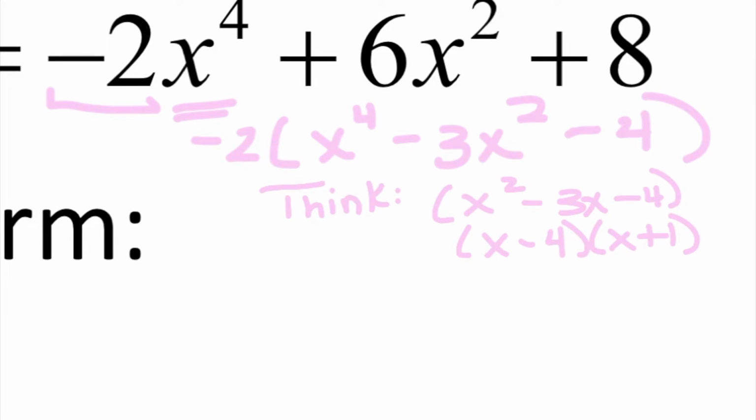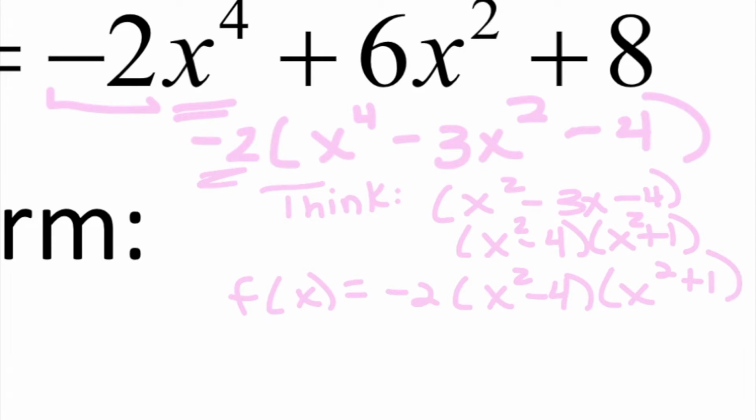So I guess I'm going to walk this whole thing through with you. So you're going to end up with f of x equals, and then it's the -2 here, so -2, and then make each of these squared. So x squared minus 4 times x squared plus 1. But this can be factored farther.